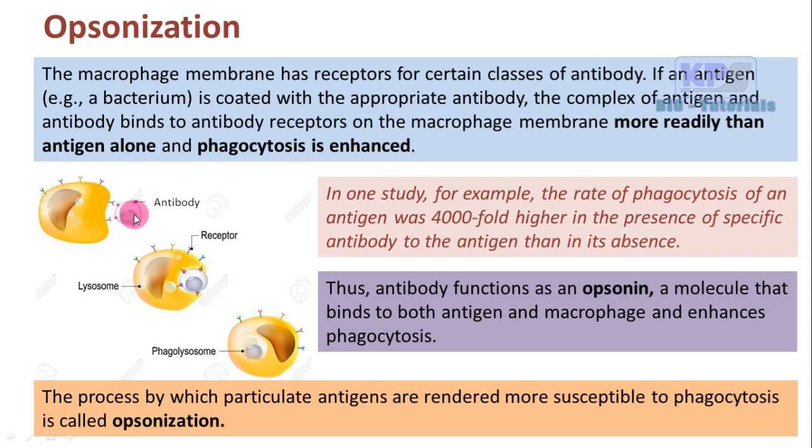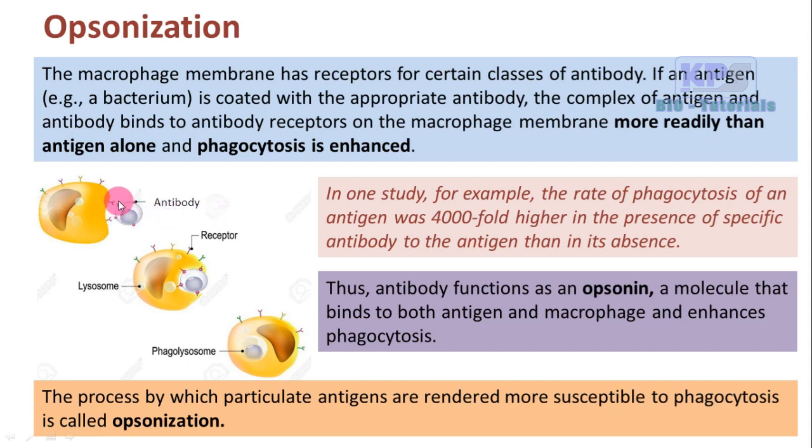Thereby these antigens very closely and readily adhere to the macrophage with the help of this antibody. So actually the presence of this antibody enhances the effectiveness of phagocytosis. Even in the absence of these antibodies, the macrophage can endocytose these antigens.